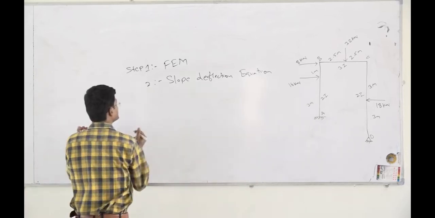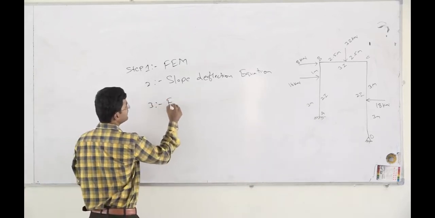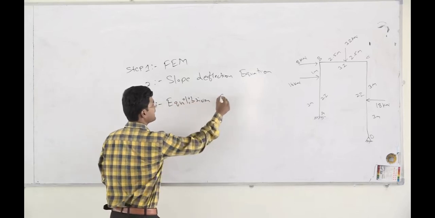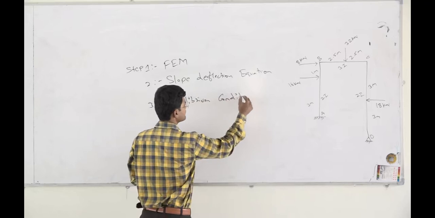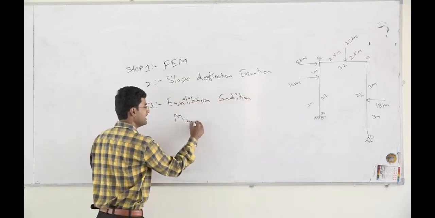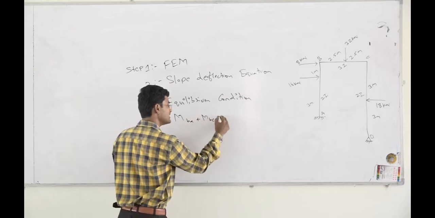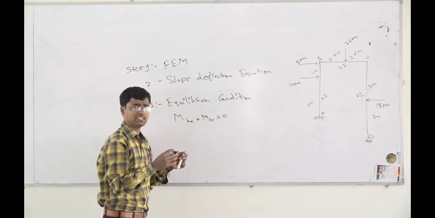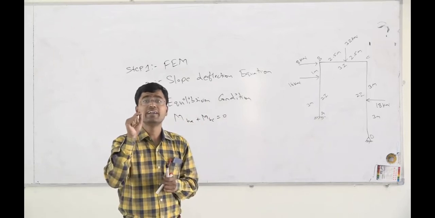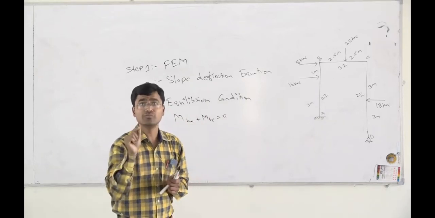So step 3, we have the equilibrium condition. Here we have MBA plus MBC should be equal to 0. Whenever you talk about equilibrium condition, you have to see where we have a joint.